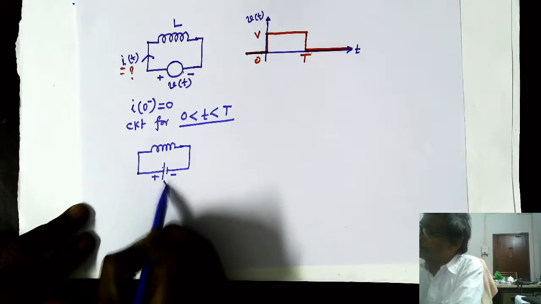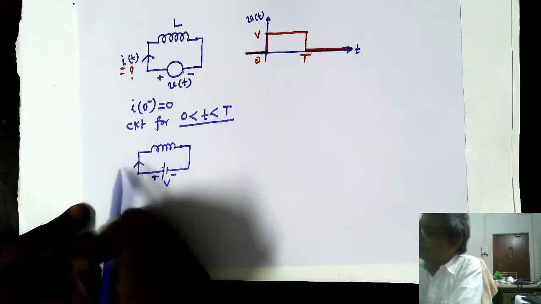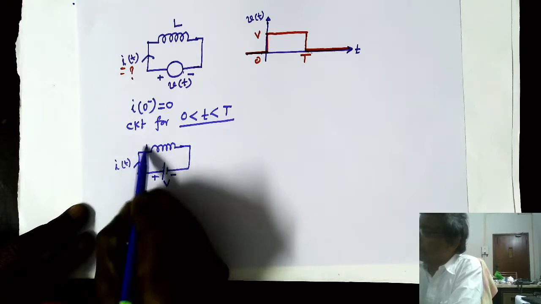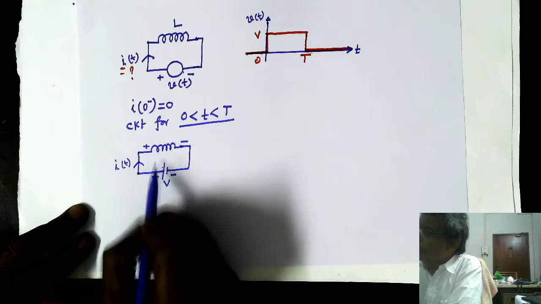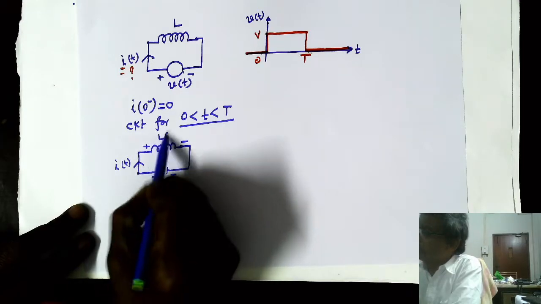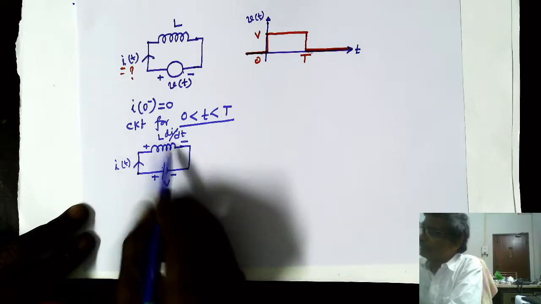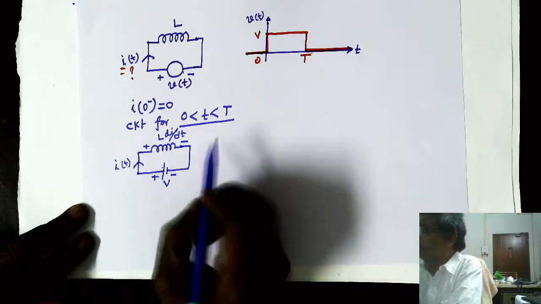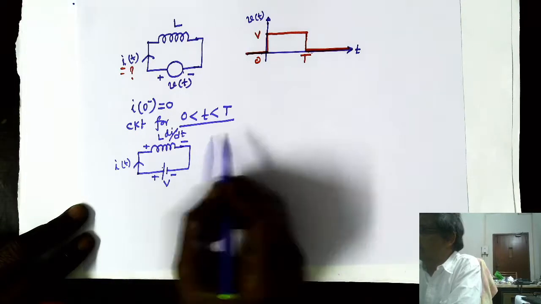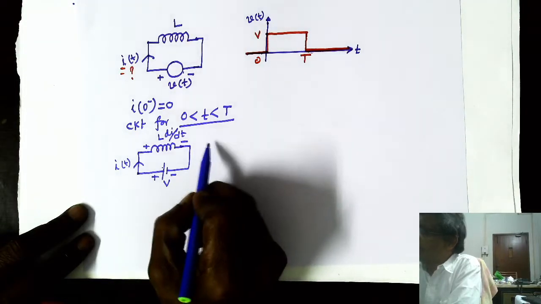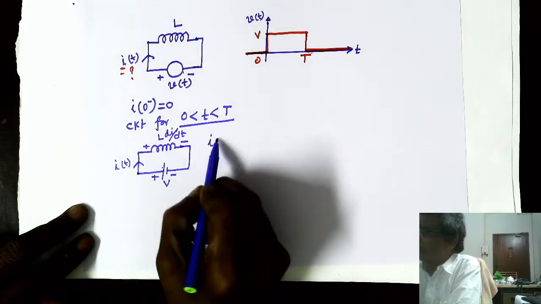This is i(t), I want to find out. And the moment you have assumed this, this is L di/dt. Therefore, the solution of this is, as I have told you earlier, I will write it now in a different way.